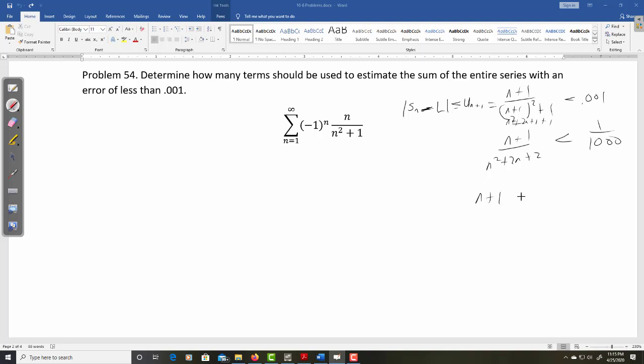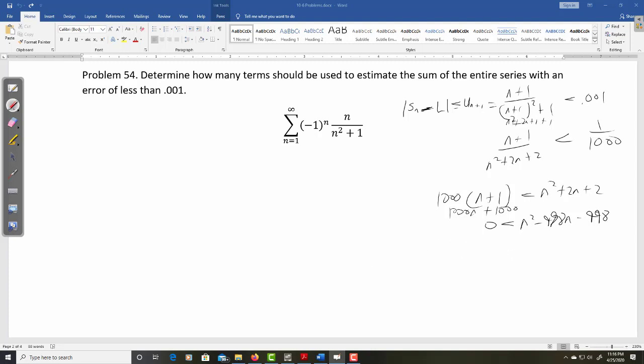N plus 1 times 1,000 less than n squared plus 2n plus 2. That's 1,000n plus 1,000. Take that over to the other side. 0 less than n squared minus 998n minus 998.